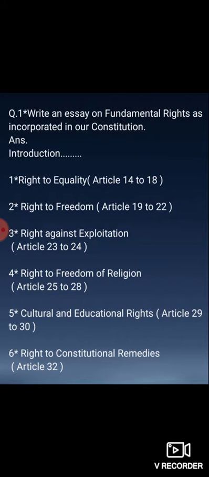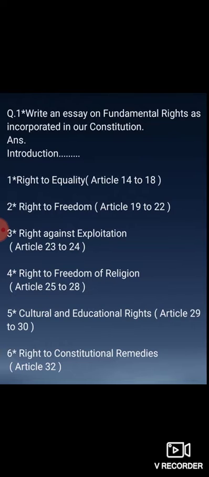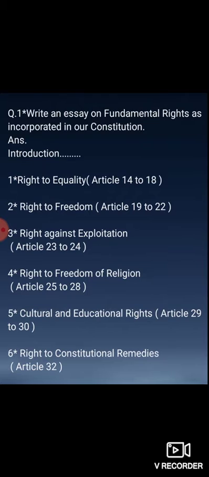Fourth category is right to freedom of religion, Article 25 to 28. Article 25 to 28 deals with the right to freedom of religion. Right to freedom of religion has been guaranteed to all persons residing in India.